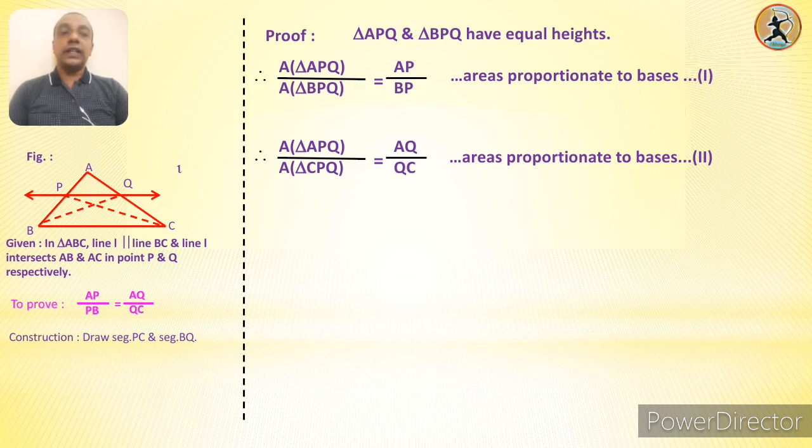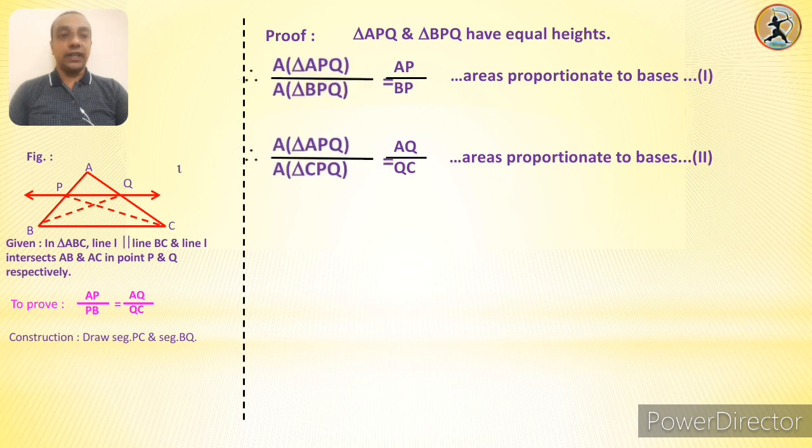Now here we get the left hand side and right hand side of the to prove in two equations, that is the right hand side of these two equations. If we have to prove that the right hand sides of the first and second equation are equal, then we have to prove that the left hand sides are also equal. So now consider the left hand side of the first and the second equation.